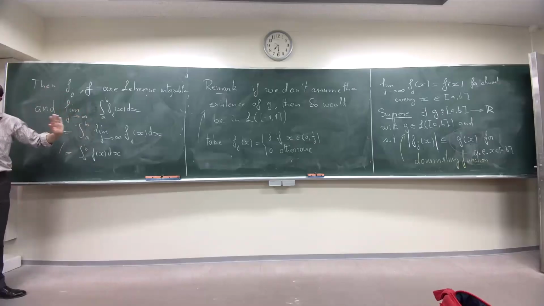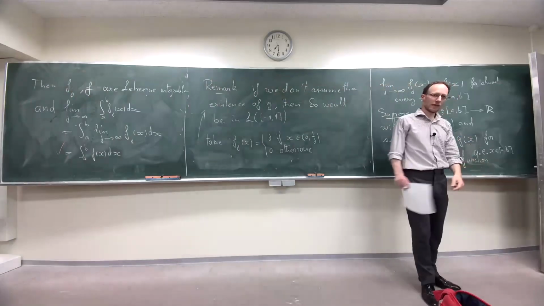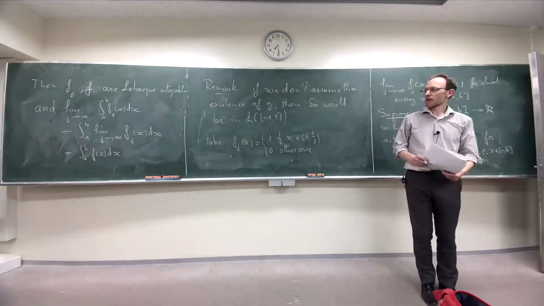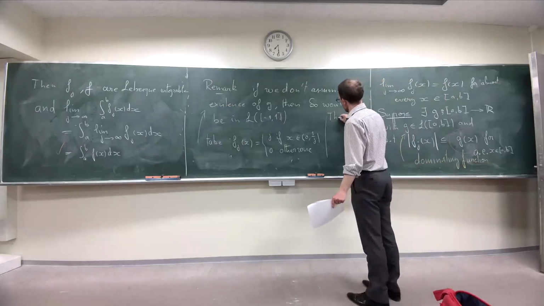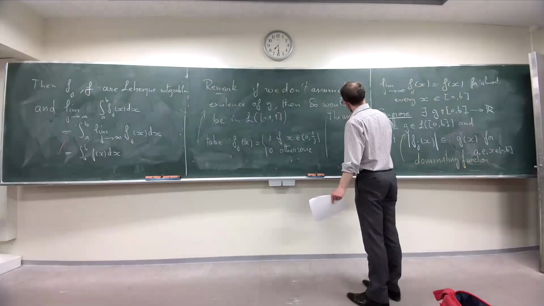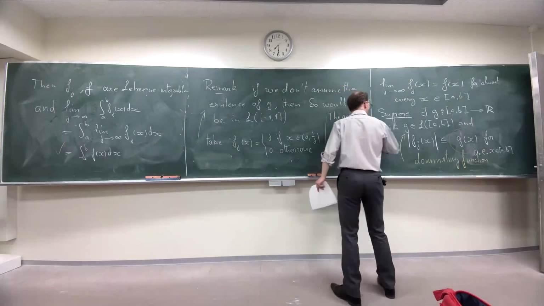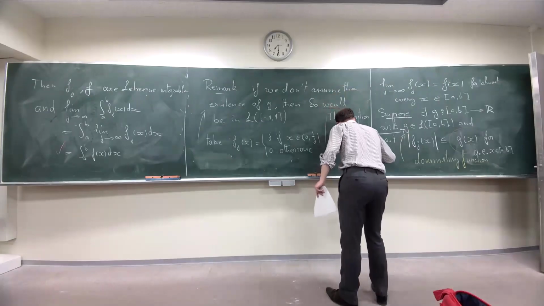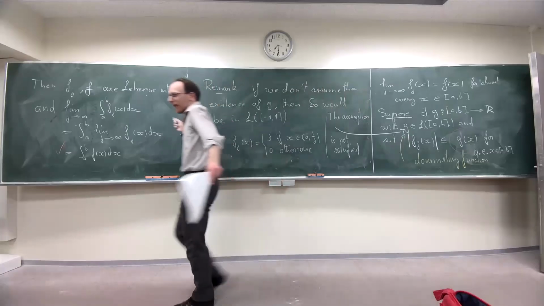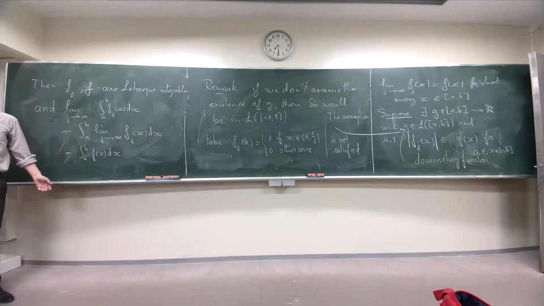But there is no contradiction because this g does not exist. So the assumption about G is not satisfied for this family, which means I cannot apply this theorem. And it's clear that I cannot apply this theorem, otherwise you would have 1 is equal to 0.